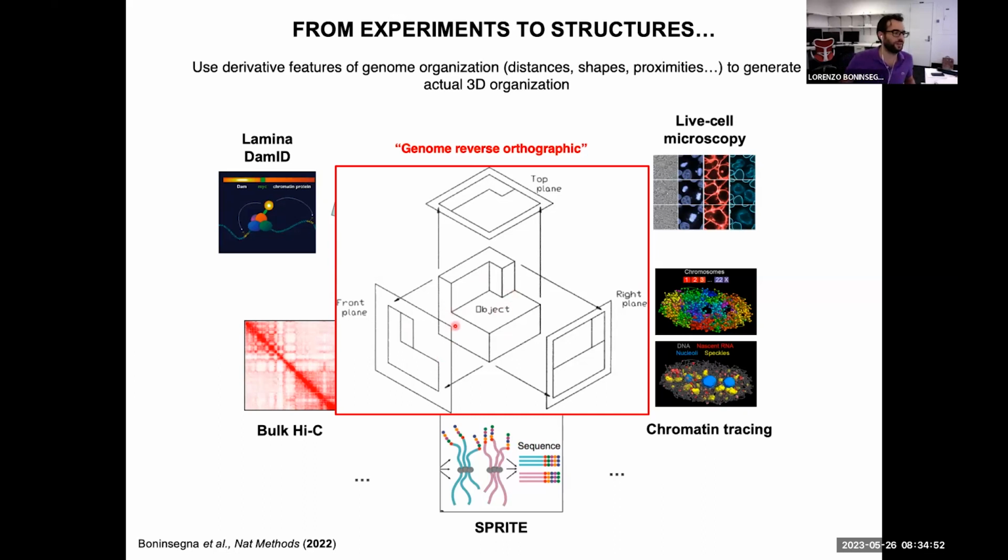Sometimes, as you can see from this schematic over here, using just one projection, so for instance, just one set of data, is not quite sufficient to nail down the ambiguity. You still have a lot of ambiguity in how maybe a structure or structures may look like, and so you need to combine that information with other data types.